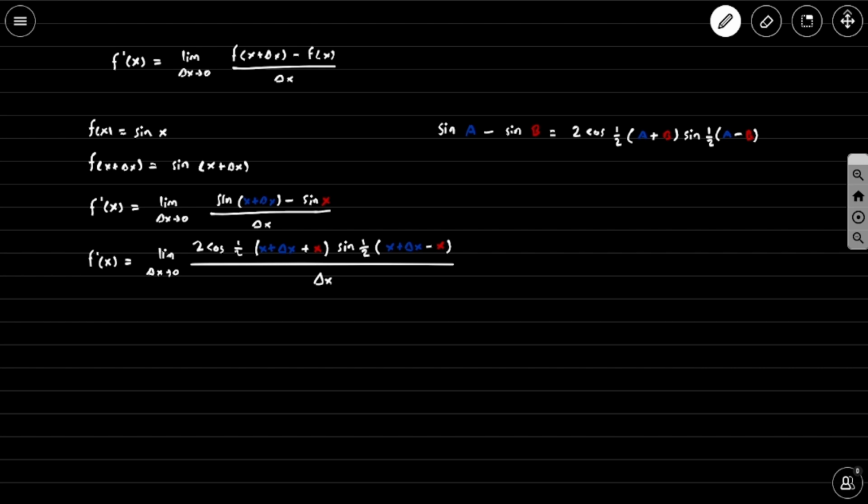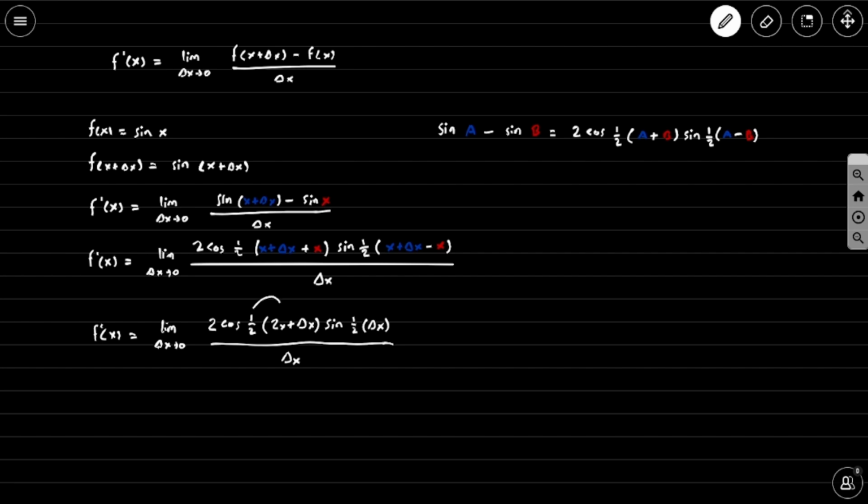Now we're just going to operate the expression inside both of these parentheses. So we have f prime x equal to the limit as delta x approaches 0 of 2 times cosine of half of 2x plus delta x times sin of half of delta x over delta x.